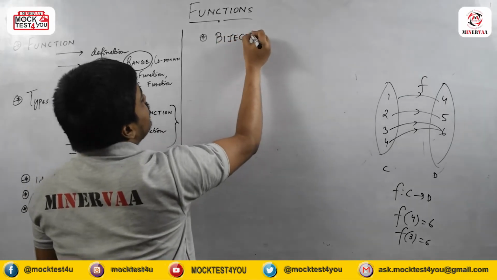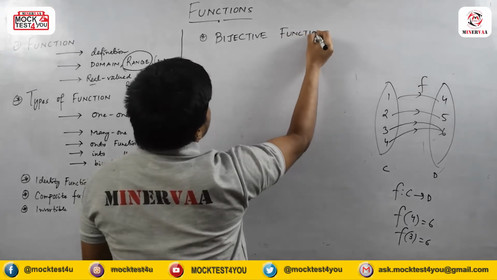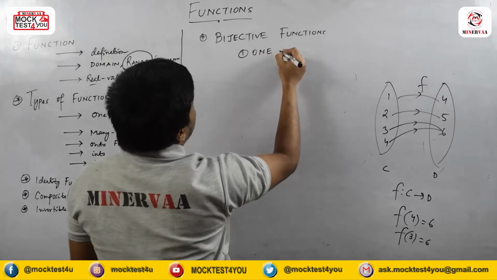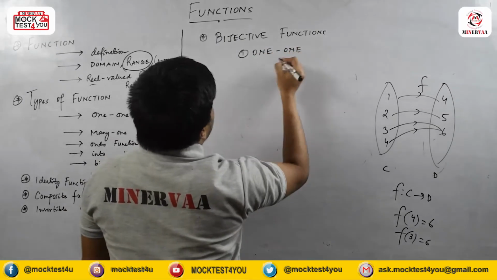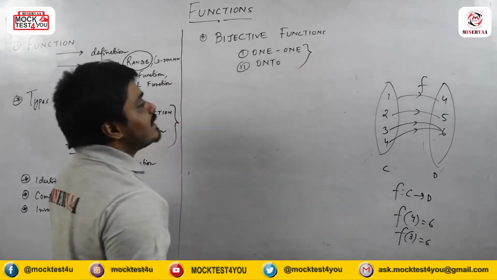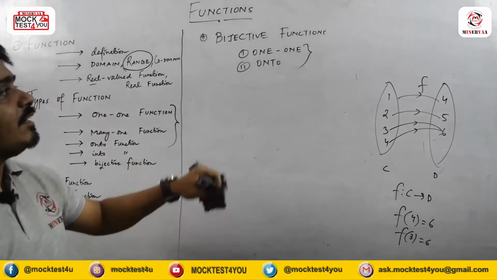So functions which follow the criteria of one-one and onto, both criteria have to be satisfied. Then only we can say that the function is a bijective function.